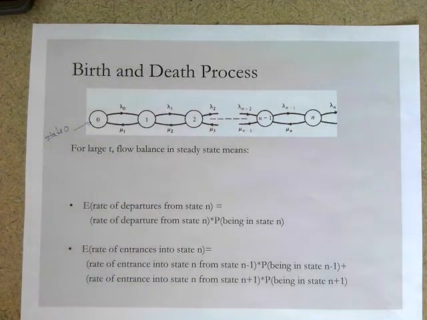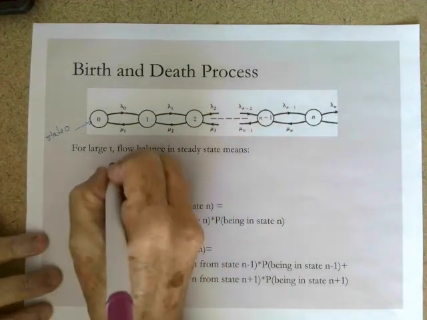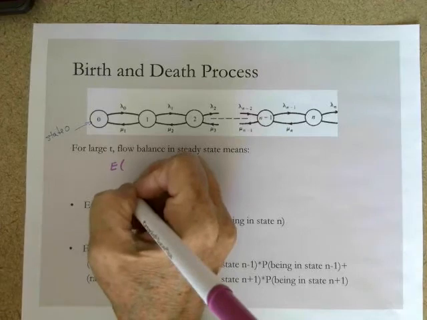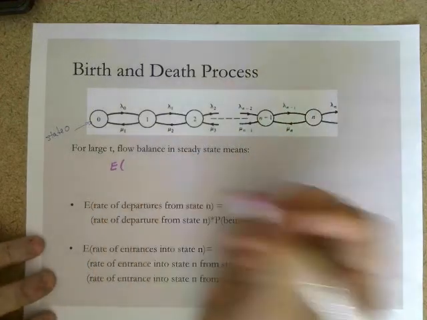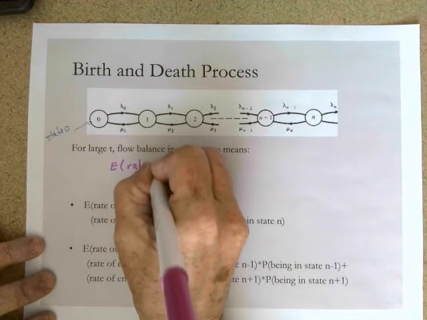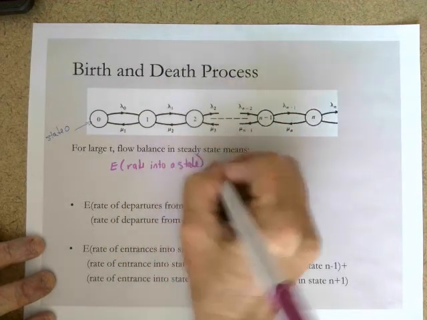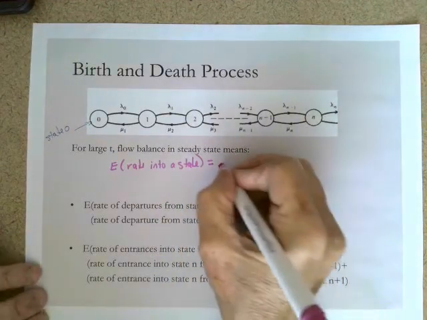I'll use a different color here just for fun. In general, my expected rate into a state has to equal my expected rate out of a state.